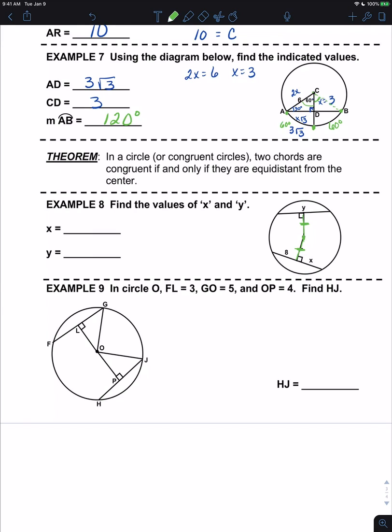Well, remember, this is a bisector, so if this side is 8, then your other side also has to be 8. So x, therefore, is 8. Well, it's wanting y, which is taking us all the way across. We know that these two chords have to be the same length, so it's going to be 8 plus 8, which is 16.